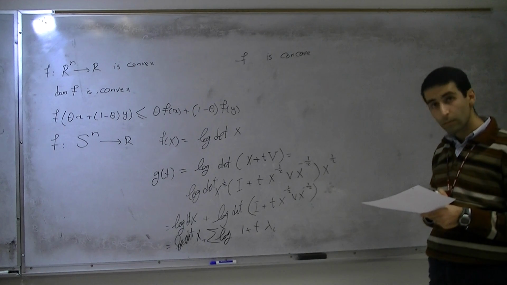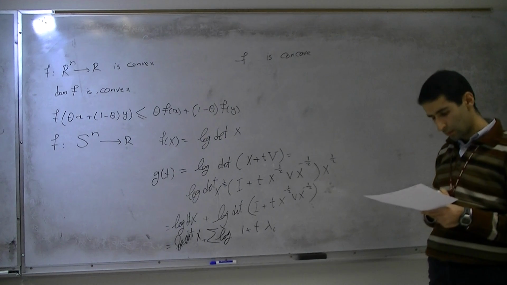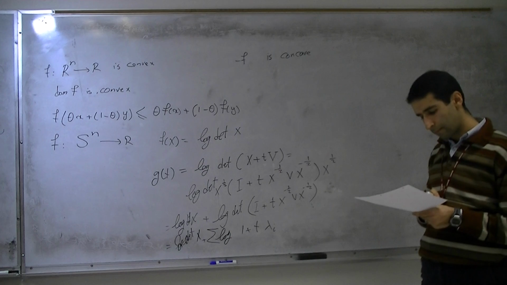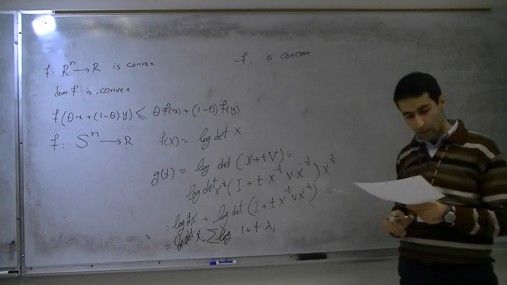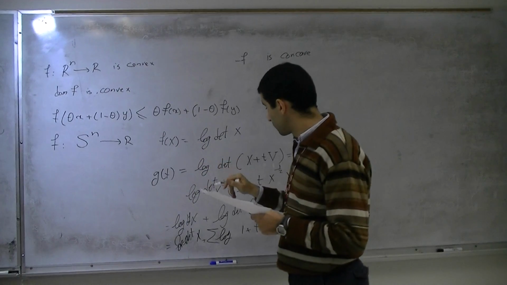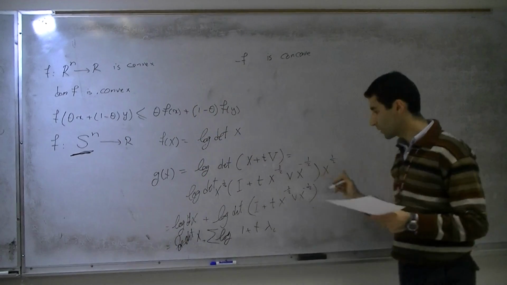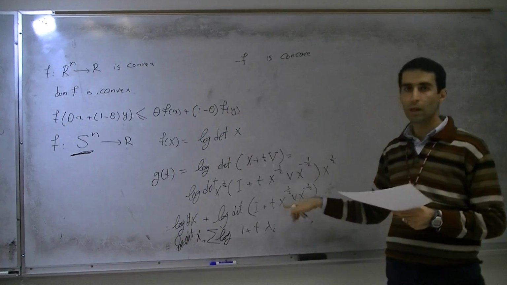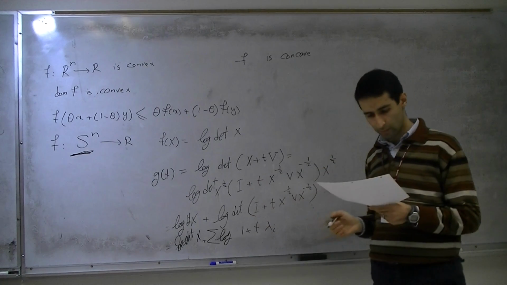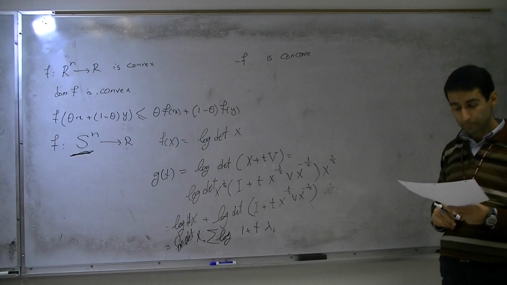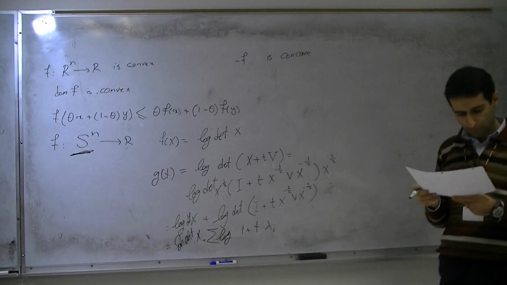Because x belongs to S^n, the positive semi-definite matrices, it is 0 or something positive. Therefore the whole thing is positive, and the function is convex.